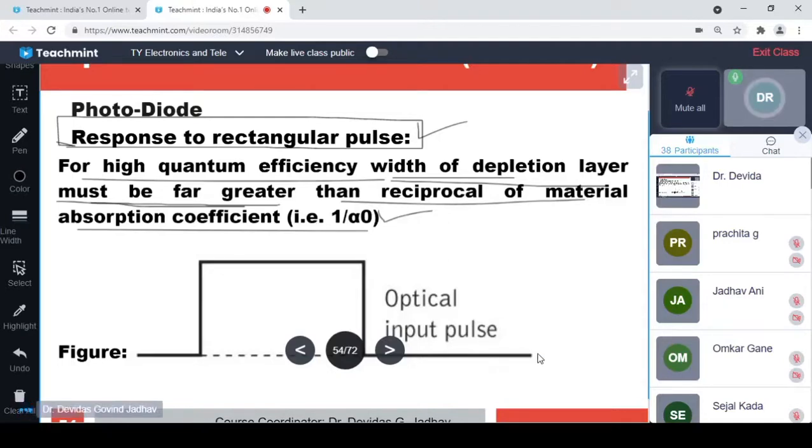This is a rectangular pulse in the voltage case. Similarly, in the optical case, optical intensity increased, held constant, and reduced. That means the torch is turned on for some time and then turned off. So light has some intensity, it continues for some time, and then it disappears.